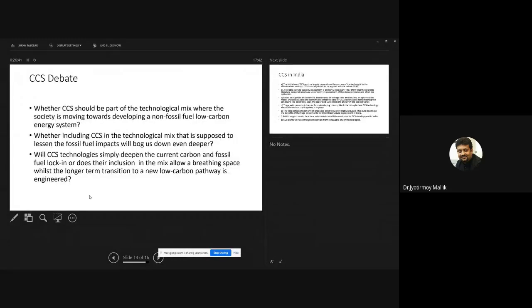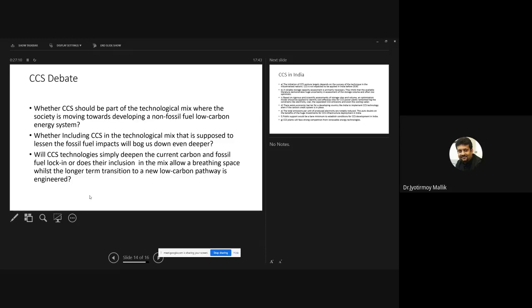So there is a big debate around CCS, carbon capture and storage, whether CCS should be part of the technological mix, where society is moving towards developing a non-fossil fuel low carbon system. That's one of the debates that people are putting philosophies around, and there are plenty of works around it. You can search on the internet. It's completely full of these sorts of topics.